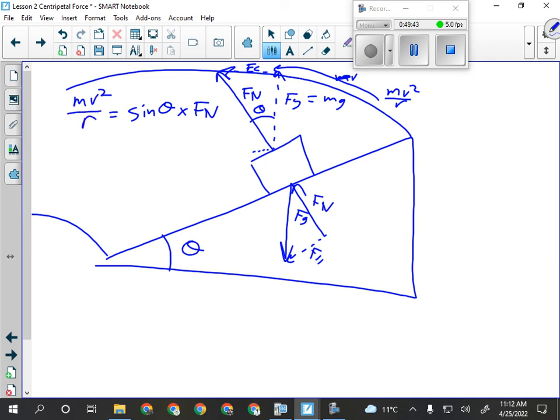I'm just going to put the formula in for that. Force of gravity is the adjacent side. So centripetal force is the opposite side, and gravity is the adjacent side.